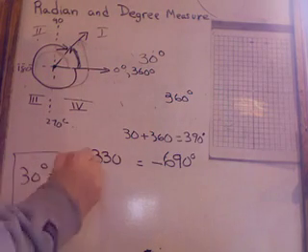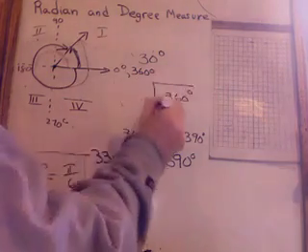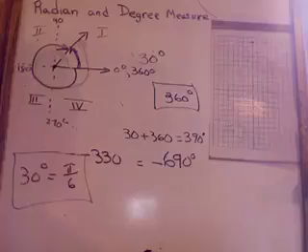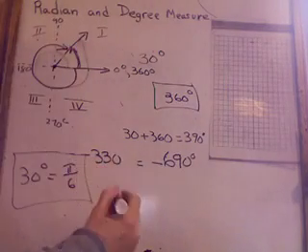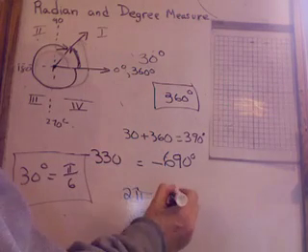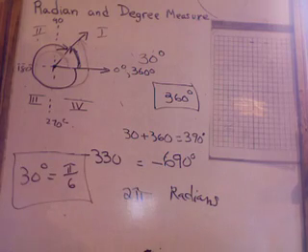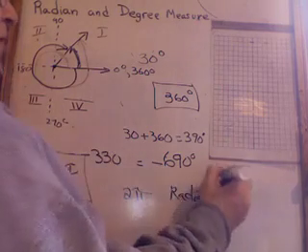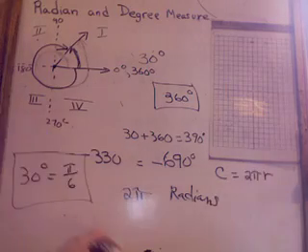Now you might be wondering, how do I get pi over 6? Well, we talked about the complete circle being 360 degrees. Well, the circumference of that circle is 2 pi radians. And you get that by finding, you know that the circumference of a circle is 2 pi r, right?